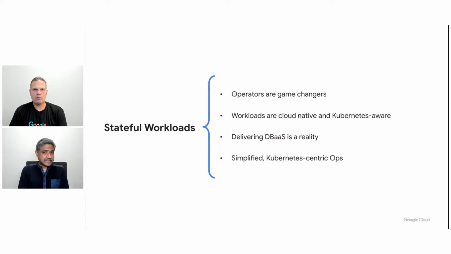Now, what do I mean by that? When you look at managed SQL or managed database services like Amazon RDS, Google Cloud SQL, or Azure SQL Database, there are certain capabilities and advantages that customers get when they consume these DB as a service offerings. When you are running workloads by yourself in Kubernetes, you don't get to enjoy all the advantages of the managed DB as a service offerings.